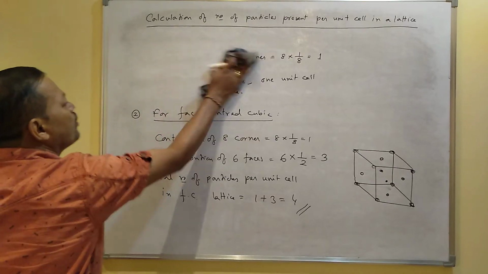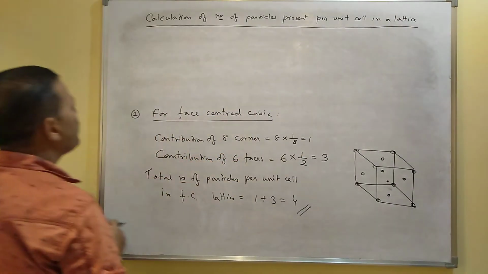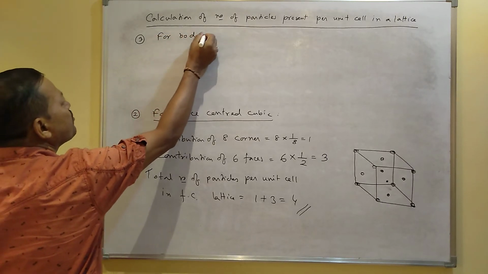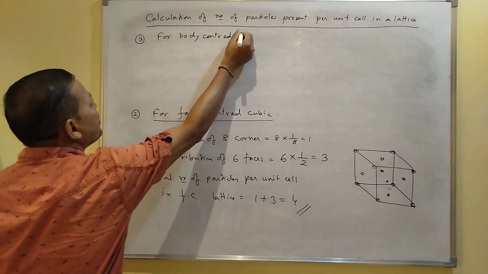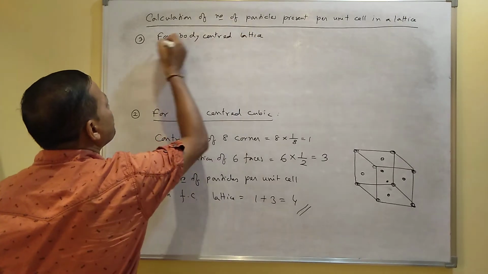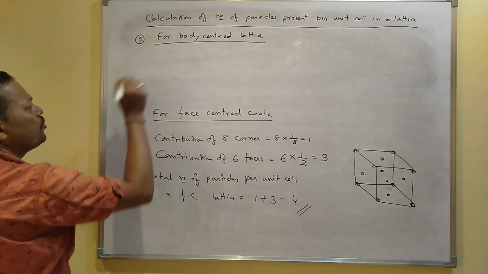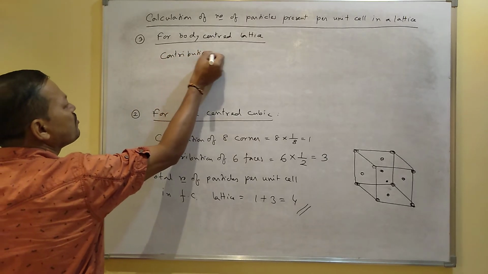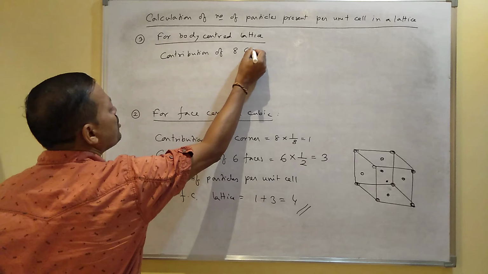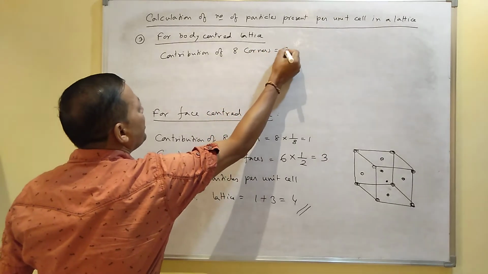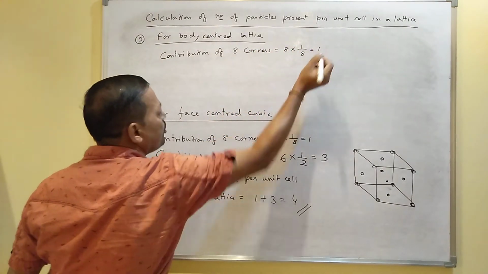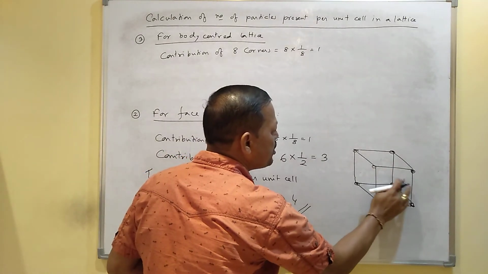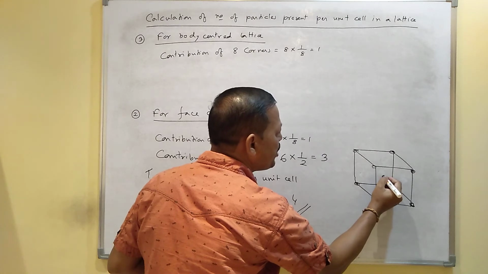Now, number 3, body centered cubic or body centered lattice. You know, the contribution of 8 corners is 8 into 1 by 8 equal 1. It is said to be body centered when the particles are present at the corners and the center of the cube contains 1 particle.